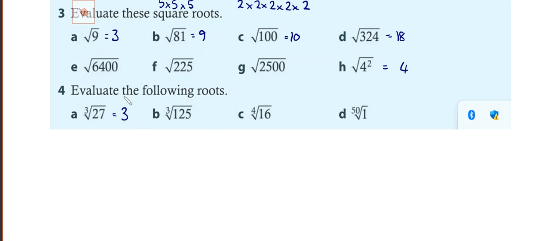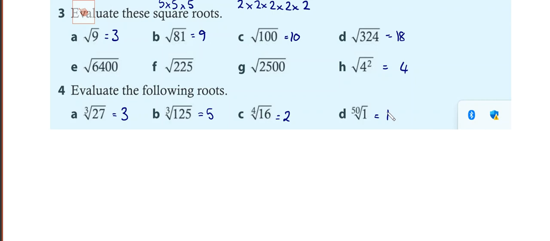The cube root is what number multiplied by itself 3 times gives 27. What's the cube root of 125? 5. What's the 4th root of 16? 2. What's the 50th root of 1? 1. Good.